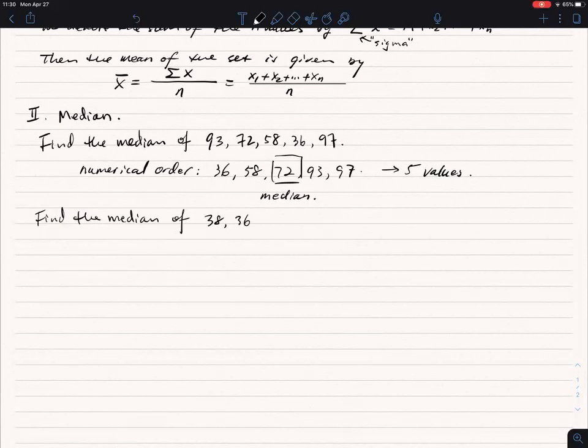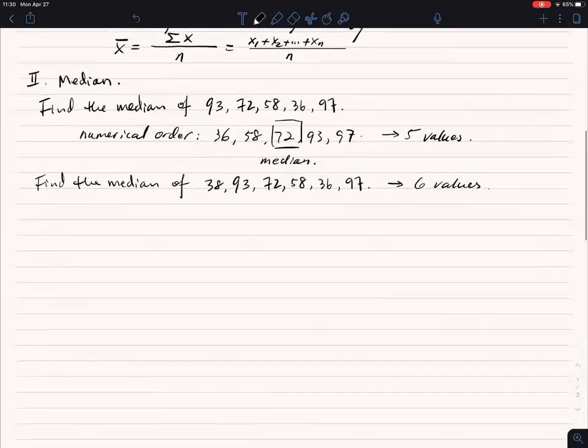I have this set here, 38, and then all the 5 numbers above there. So now what do I have? I have 6 values, right? Now let's put them into numerical order. Then I have 36, 38, 58, 72, 93, 97.